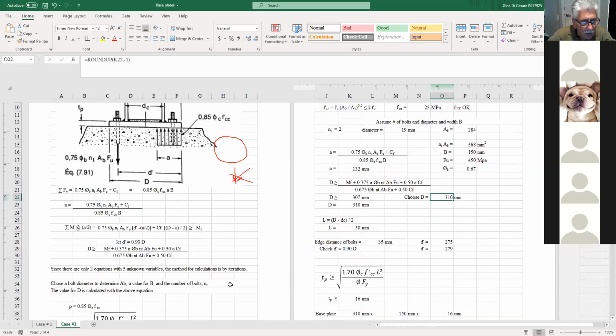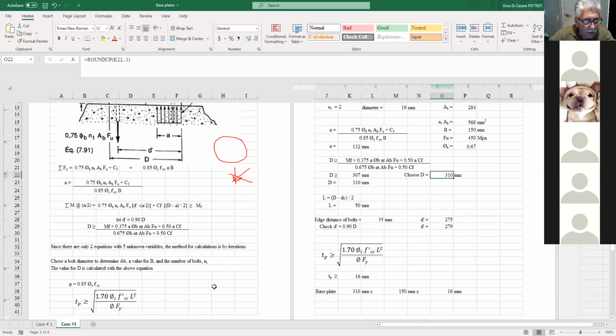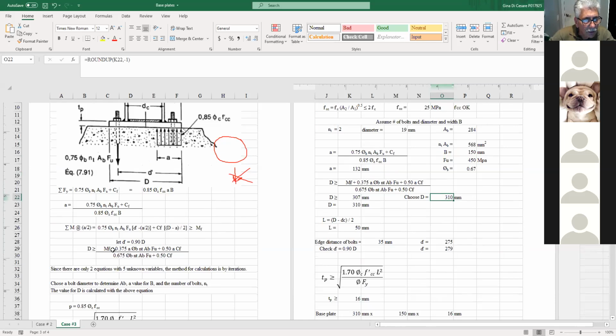Like I said, guys, I don't know if you can see it in here. So here you have the 5 variables I was talking about.